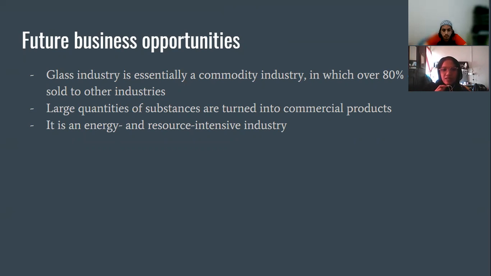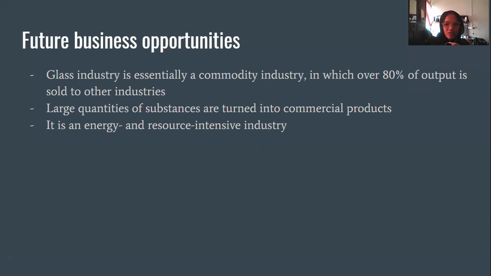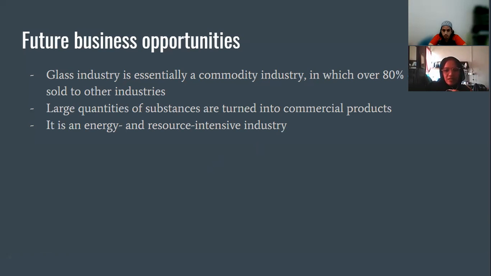Therefore, it is an energy and resource intensive industry, and like other similar industries such as iron and steel, aluminium, cement, pulp and paper, and chemicals, it is central to supporting the transition towards higher levels of energy and materials efficiency, low carbon emissions, and increased resource productivity through the development of better performance towards sustainability.